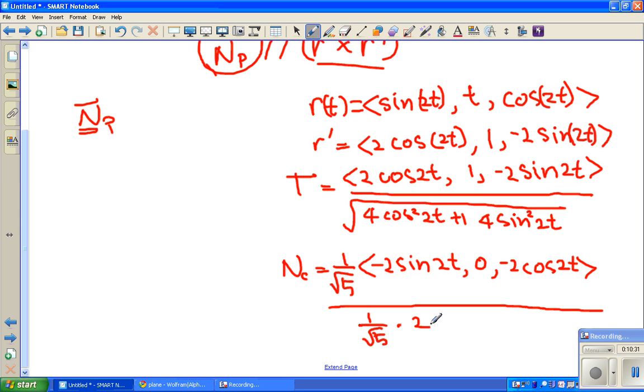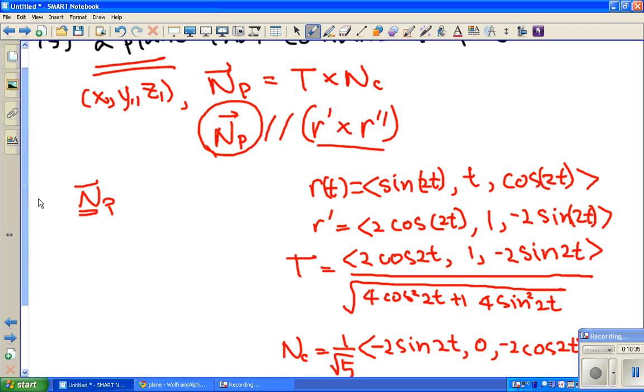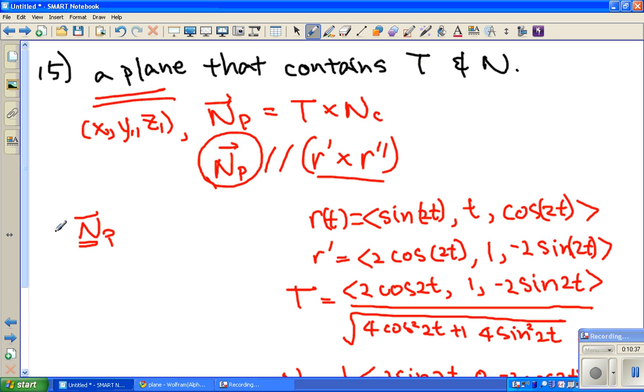Now, all these things have to happen when the point is 0, pi, 1. Now, the fact that the point is 0, pi, 1 means t has to be equal to pi.